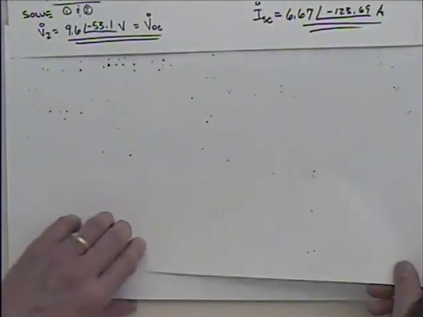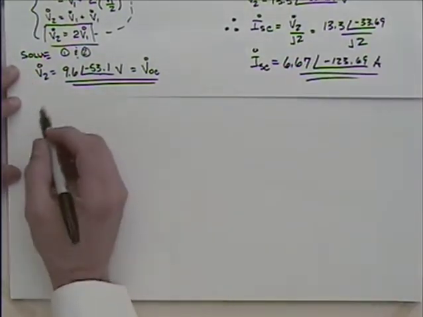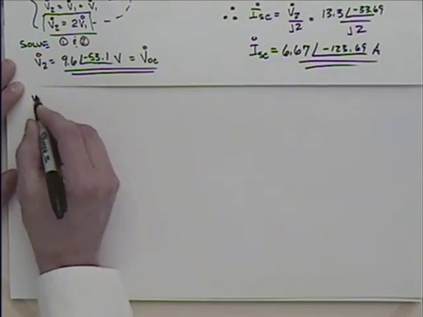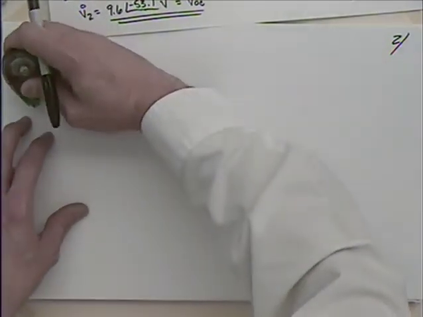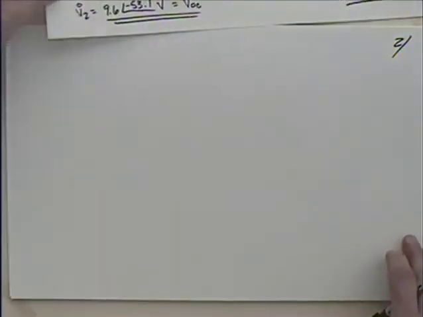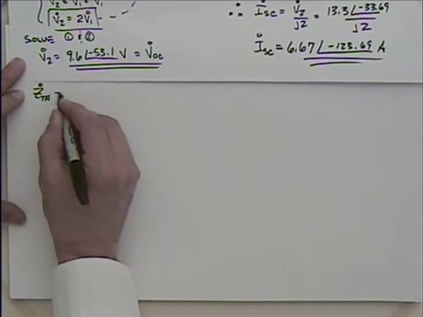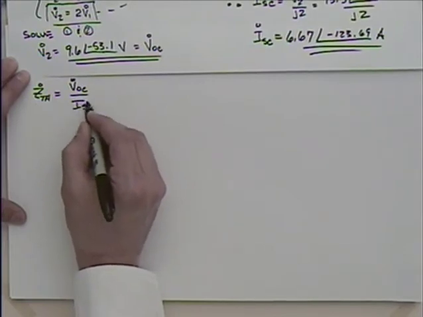Well, let's put those together then. So we can say that Z Thevenin would be equal to V open circuit divided by I short circuit.